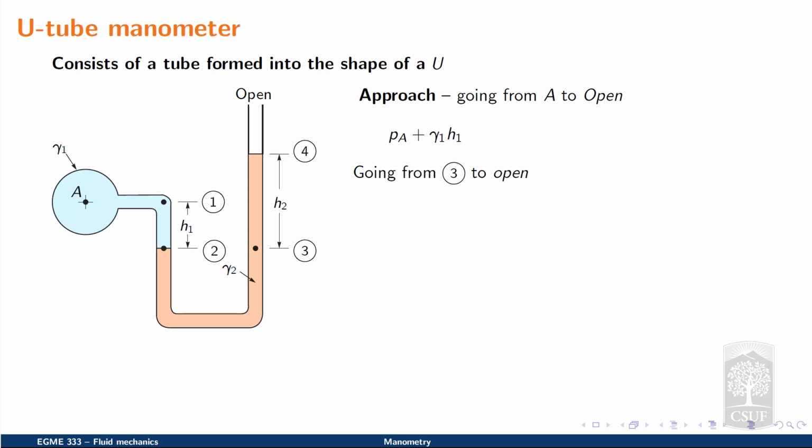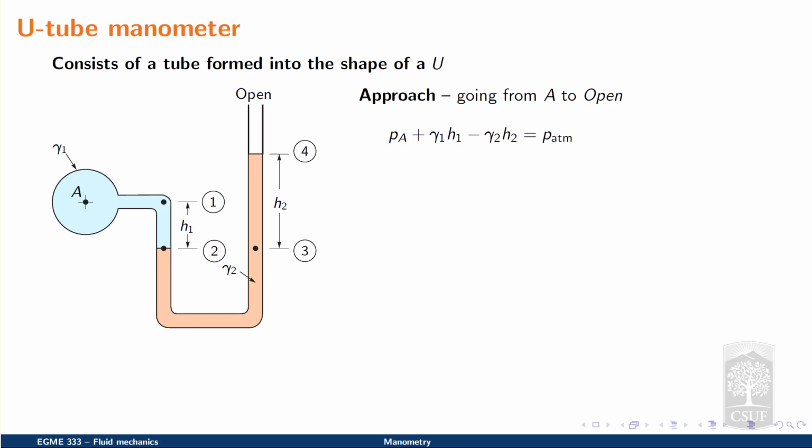Because I'm increasing my vertical position, I should expect a decrease in pressure. Therefore, I'm going to subtract the product of gamma sub 2 times h sub 2 from the total quantity. And we know that point 4 is the open end of the tube.